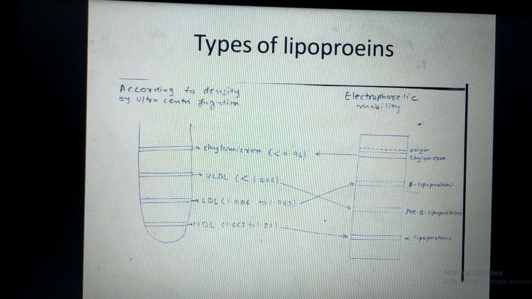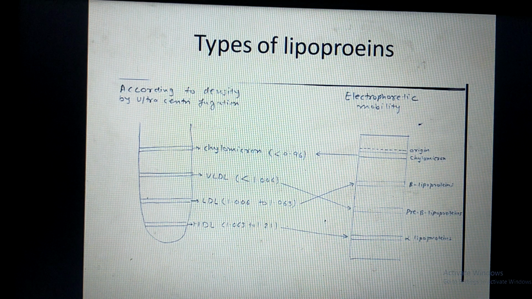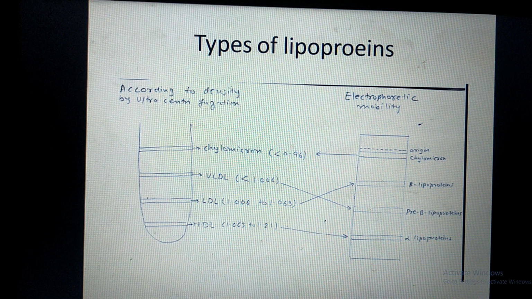Next is the pre-beta lipoprotein band, which consists of VLDL, followed by the beta lipoprotein band, which contains mainly LDL, whereas chylomicrons show minimum mobility, remain near the point of application of serum and constitute the gamma band.